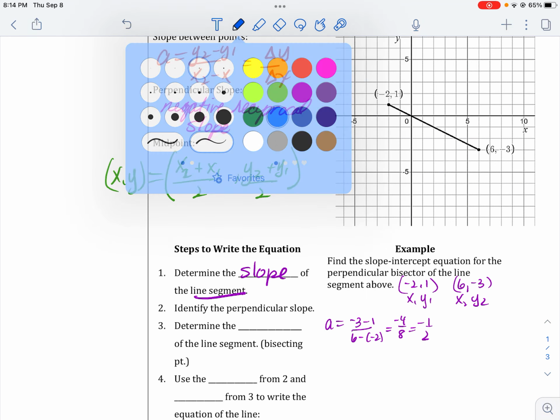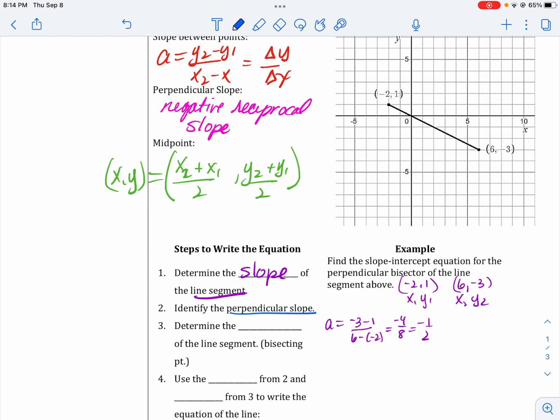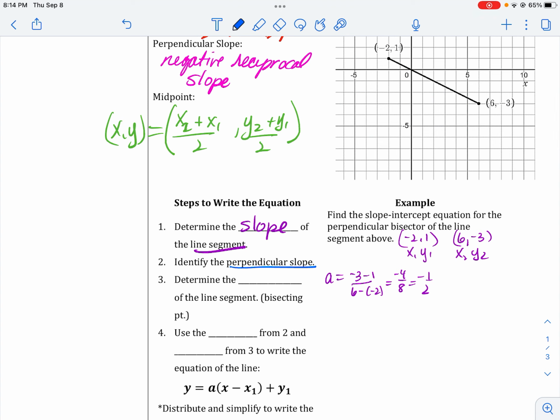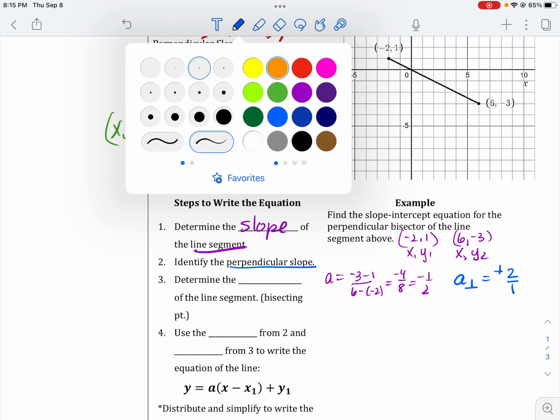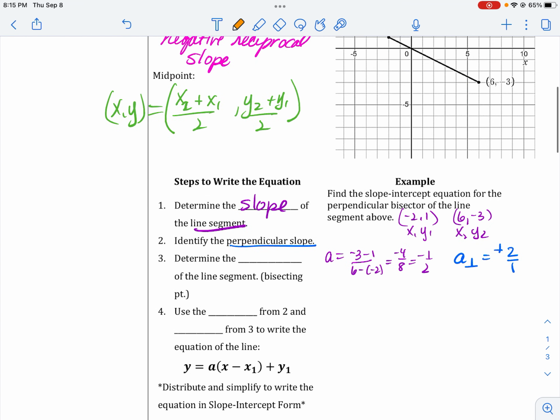Now we need to identify the perpendicular slope. So the perpendicular slope becomes positive 2 over 1 because these flip. Then we determine the midpoint of the line segment.